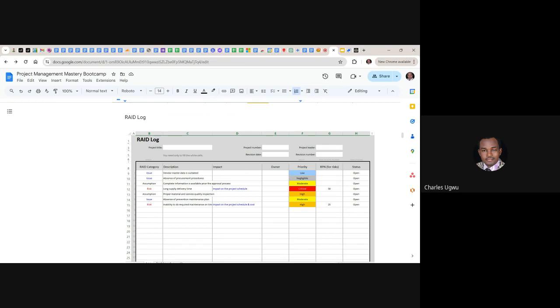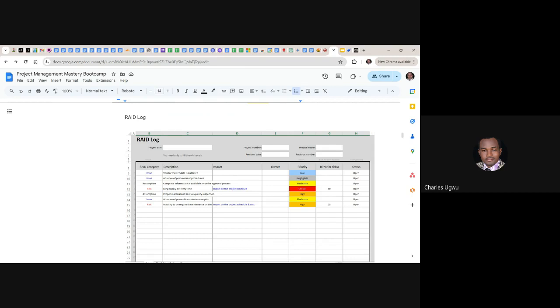So it's kind of a central repository for anything related to risk, issues and assumptions. RAID is an acronym, in which R is risk. A here is assumption.